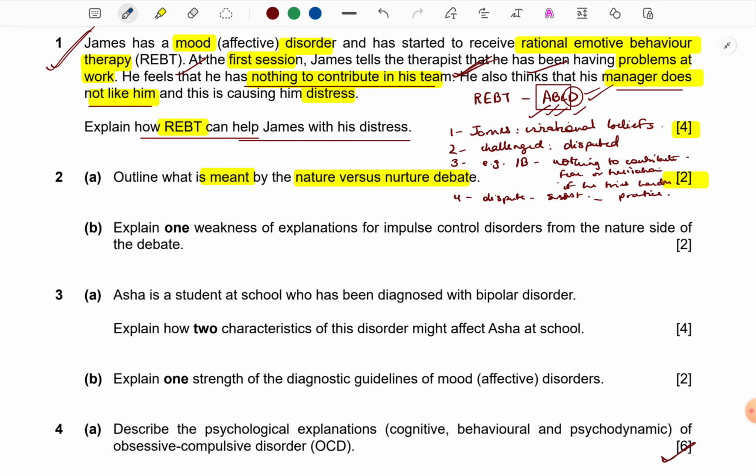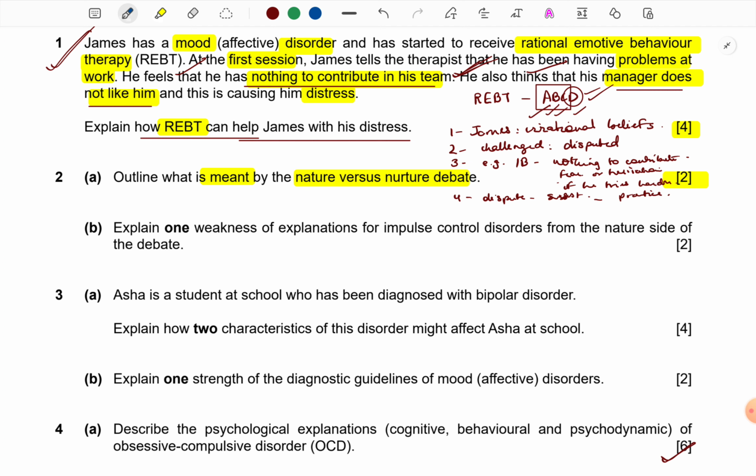The mistake students make in these type of answers is they are not clear. Nature, they'll say, means genes. In the nature versus nurture debate, the nature side is not saying genes. What do you mean by nature is genes? The nature side is giving the explanation of a behavior as being caused by genes.